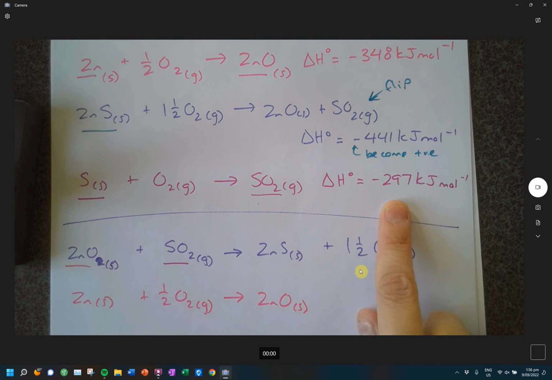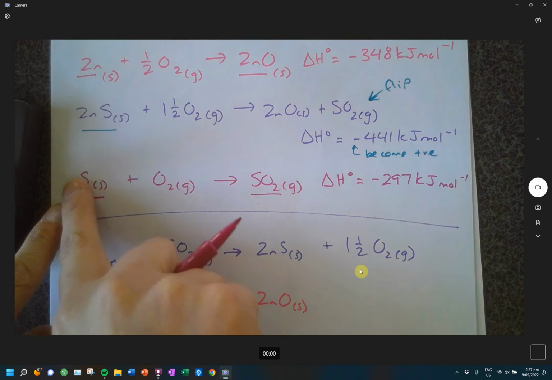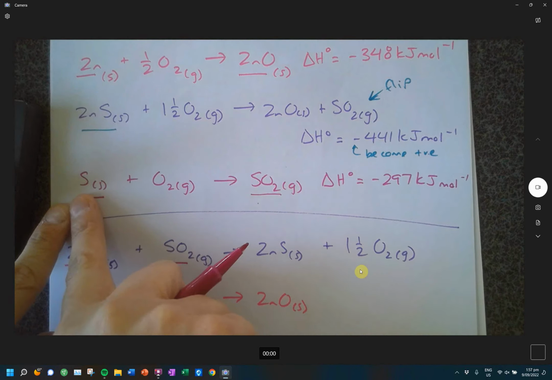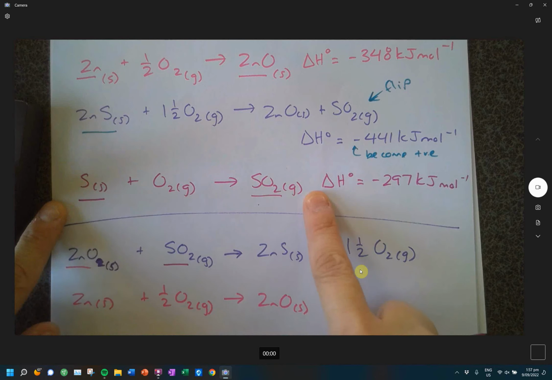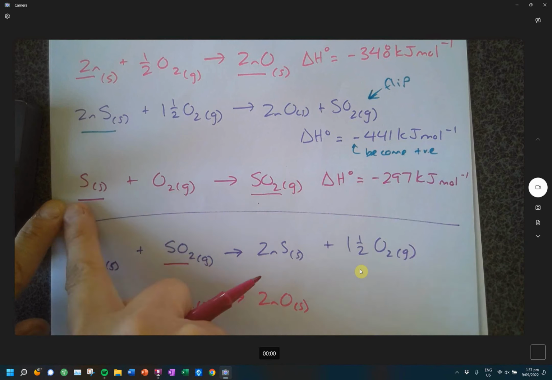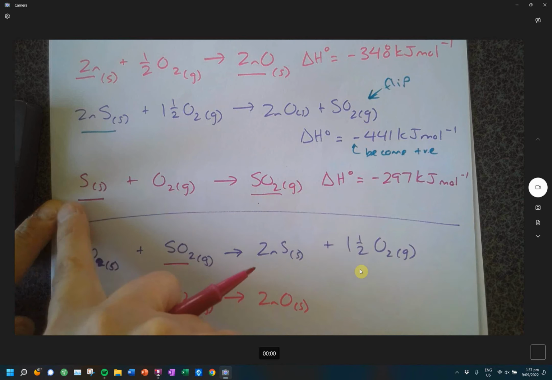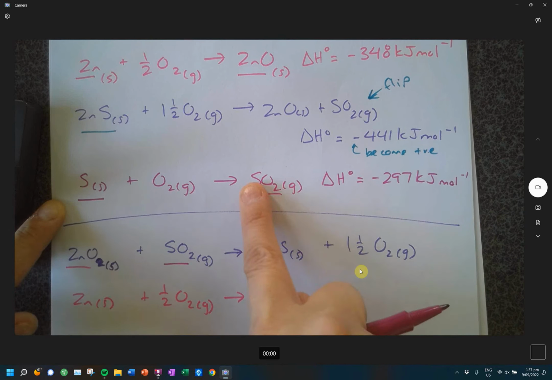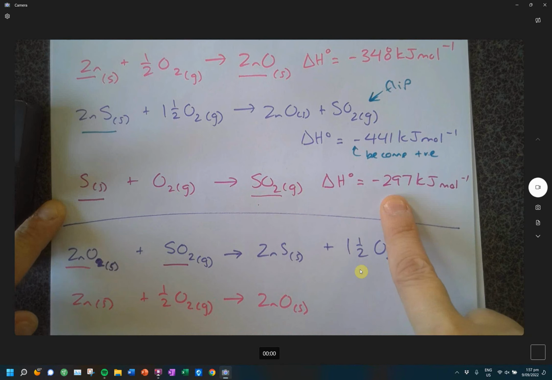The other thing I need to check is, do I need to multiply it by anything? This has a 1 as its coefficient. That also has a 1, so there's no multiplication that needs to happen. If I do any multiplication, remember you're multiplying the whole equation, and you're also multiplying the enthalpy. So if I need to multiply this by 3, that's going to become a 3, that's going to become a 3, that's going to become a 3, and this is going to be times 3.